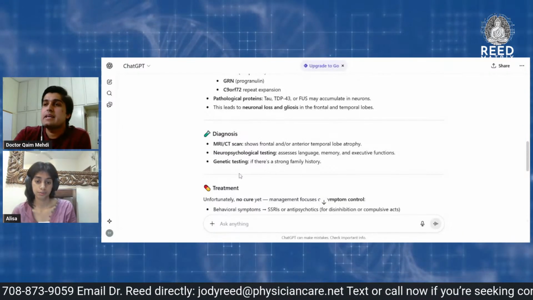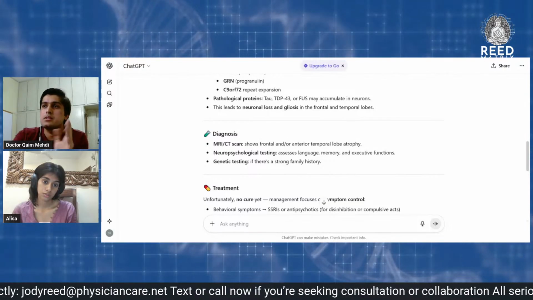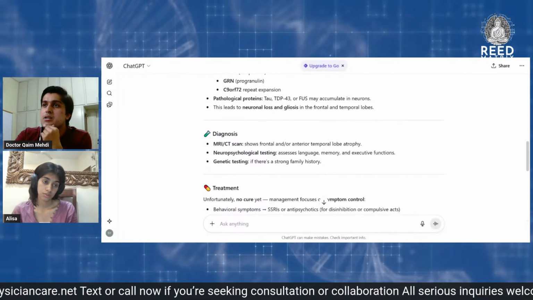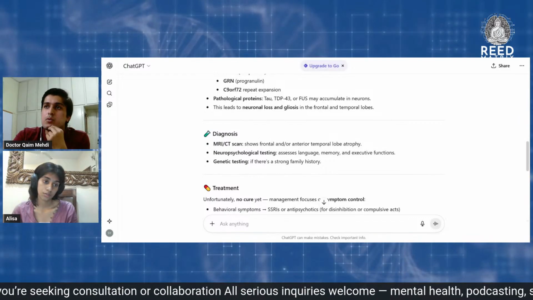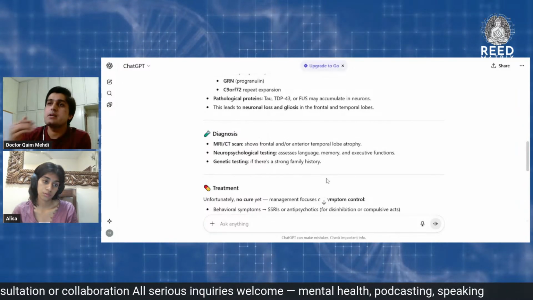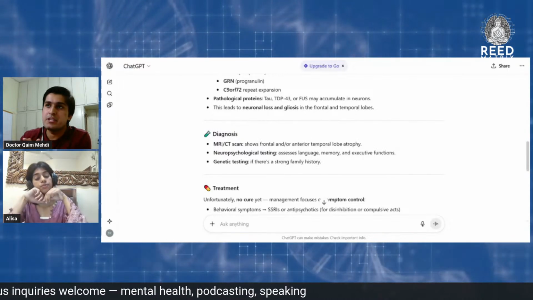And then there is another, genetic testing, which is not very common in our culture, but it is in other parts of the world. So genetic testing will be confirming the diagnosis of frontotemporal dementia.